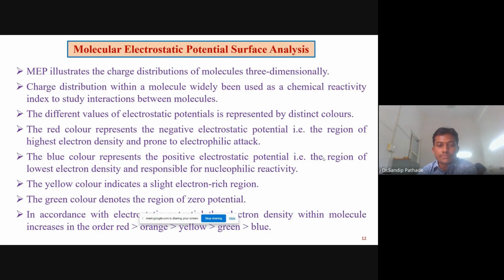While the yellow color in the MEP map indicates a slightly electron-rich region, the green color denotes zero electrostatic potential. Therefore, in accordance with this color grade, it is clearly indicated that the red color has the highest electron density, while the blue color has the lowest electron density.